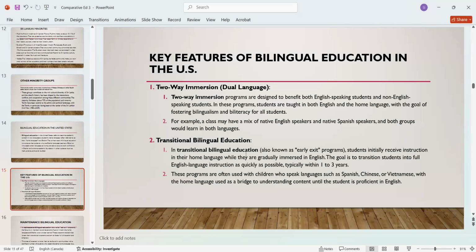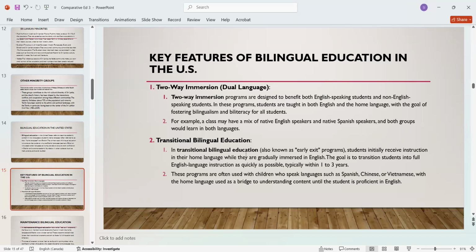In these programs, students are taught in both English and the home language, with the goal of fostering bilingualism and biliteracy for all students. So the US is also using bilingual education because it is also a multi-ethnic country.